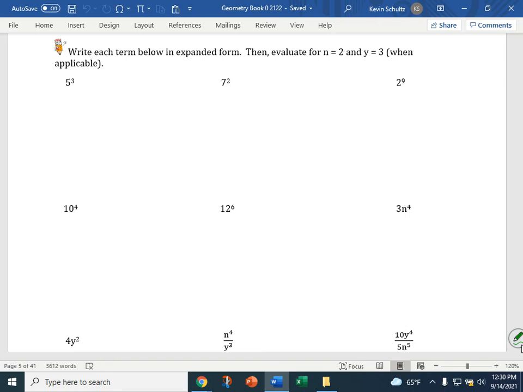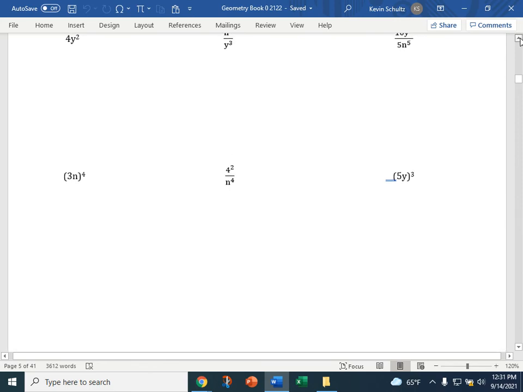So looking at this page, any that you want to talk about that look particularly fun, entertaining, worth our time to talk about together? Blake. The 10y to the fourth. Okay. What about that one is worthy of our discussion? It's got everything. Sure.